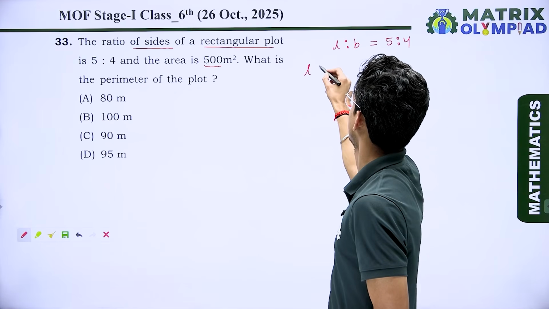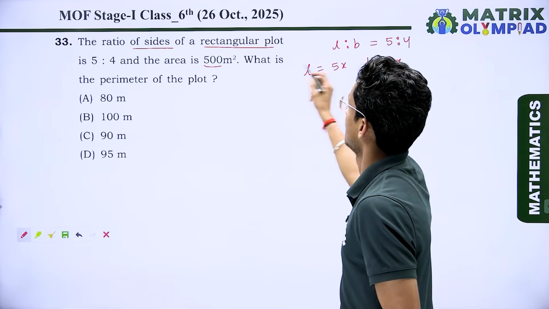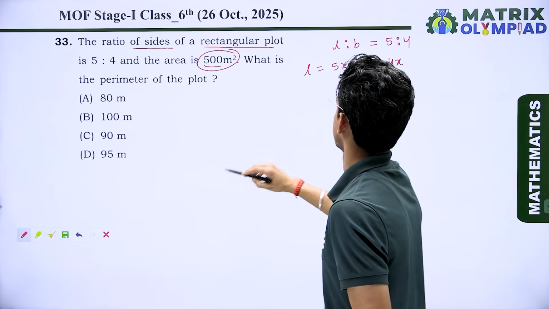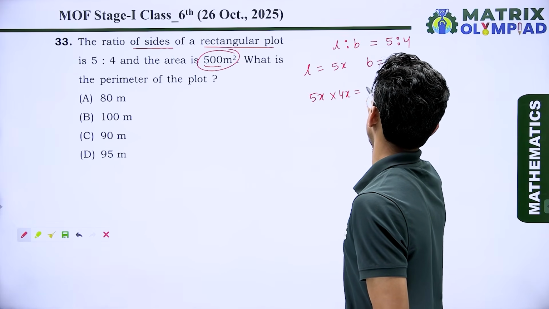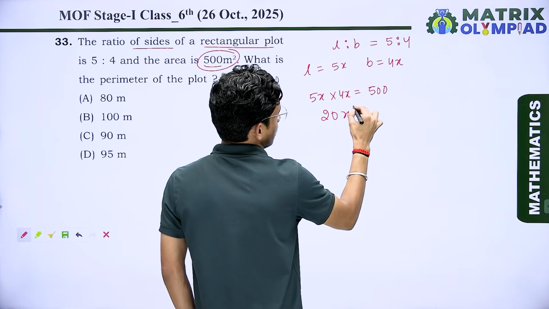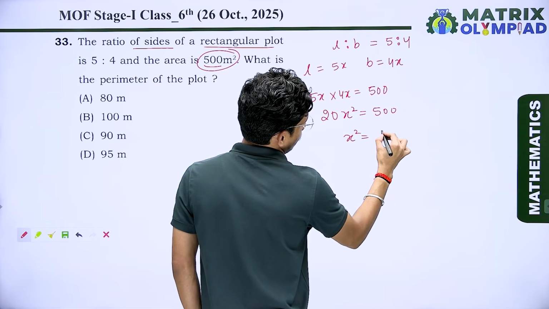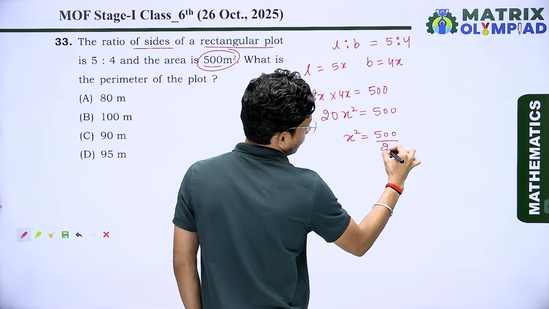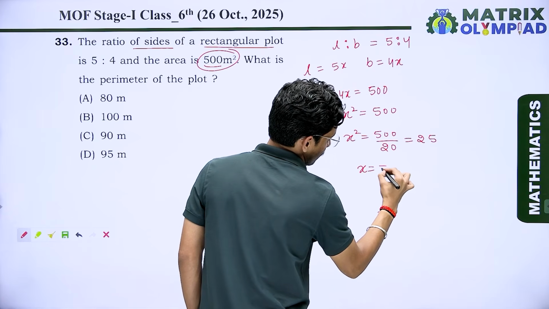I can write the length as 5x, breadth 4x, and area is 500 square meters. So 5x multiplied by 4x is equal to 500. It means 20x squared is equal to 500. So x squared equals 500 upon 20, which is 25. So the value of x is 5.